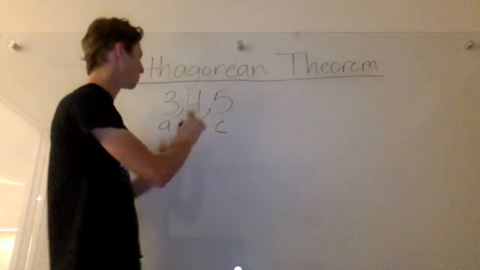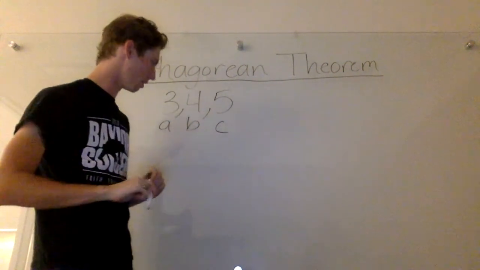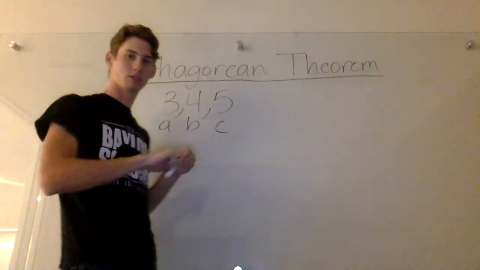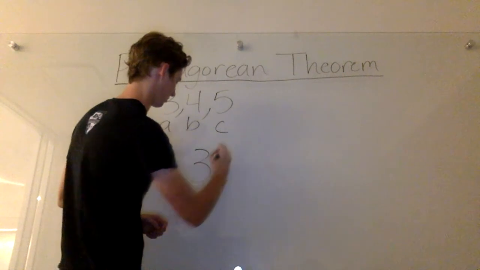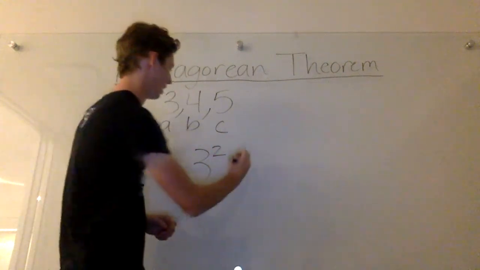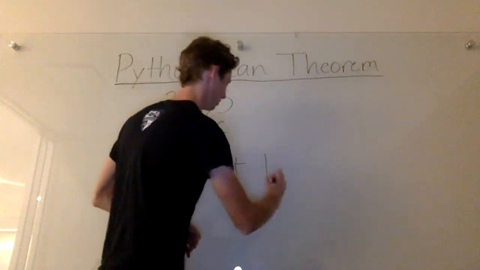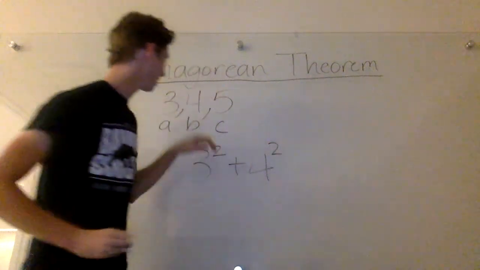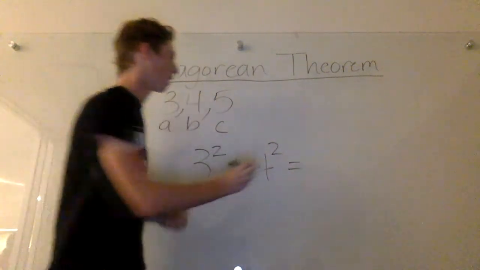Now, what you do is you plug in 3, 4, and 5 for A, B, and C in the Pythagorean theorem. So since it starts with A squared, we're going to write 3 squared. All right? And then plus B squared, which in this case is 4, so 4 squared, equals C squared, which is 5 squared.